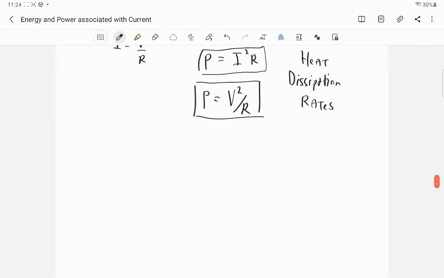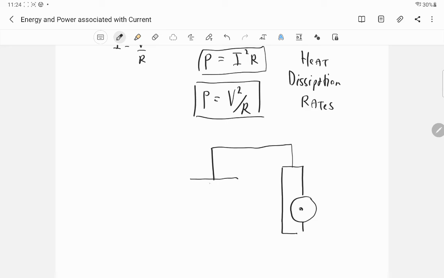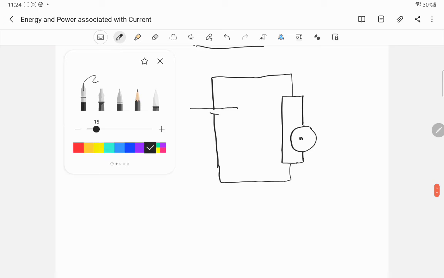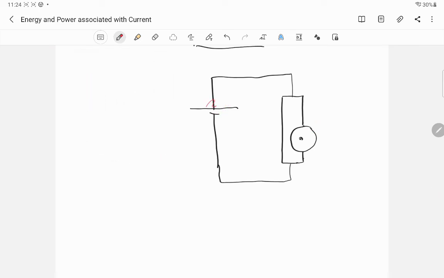Another one that's kind of cute is imagine the device being a motor. Let's say this is the device. I'm going to turn the circuit sideways. Over here is the battery, and this is our device, but our device is a motor.